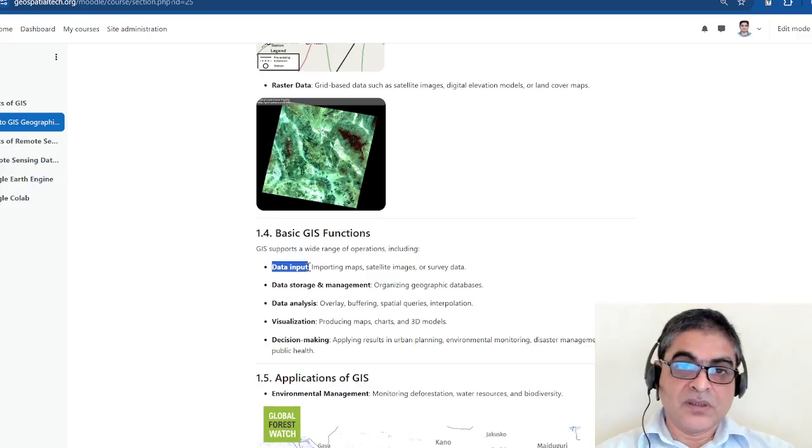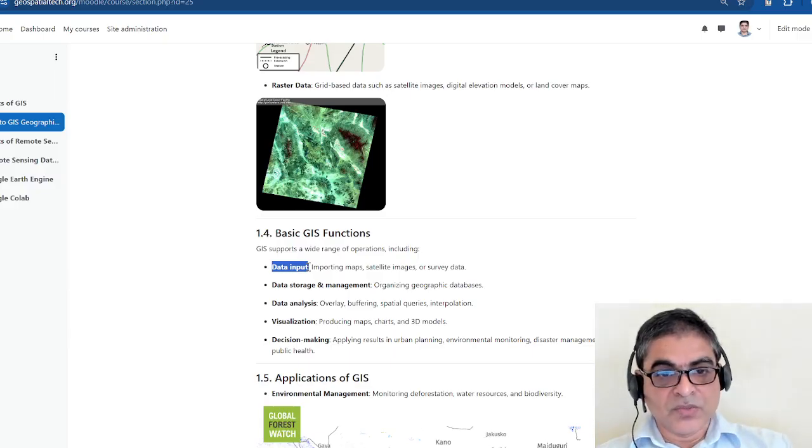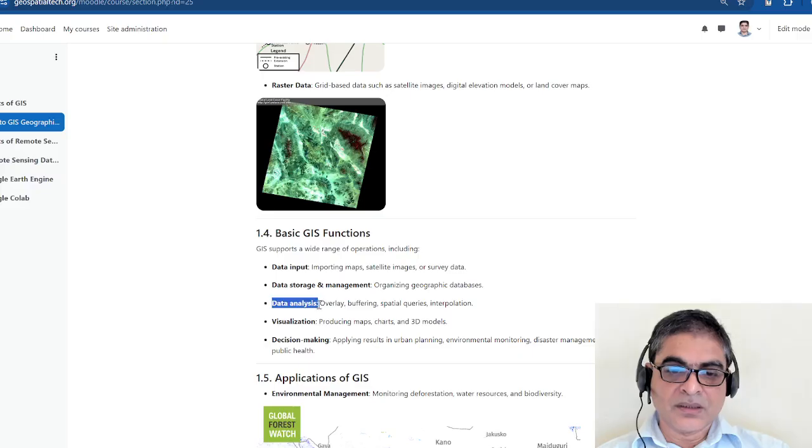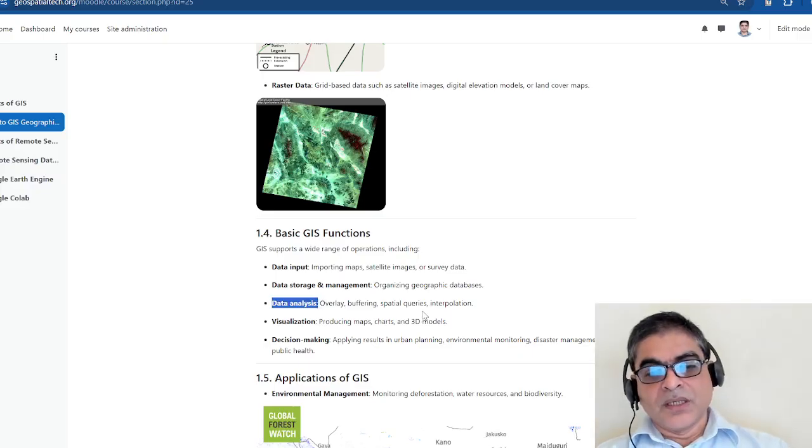Then you have to take the data into your machine, and then how this data will be stored. That is some type of, maybe, a geographic database. Data storage: first data, then data storage in your machine, and then it will come to your software, and then you do the data analysis.